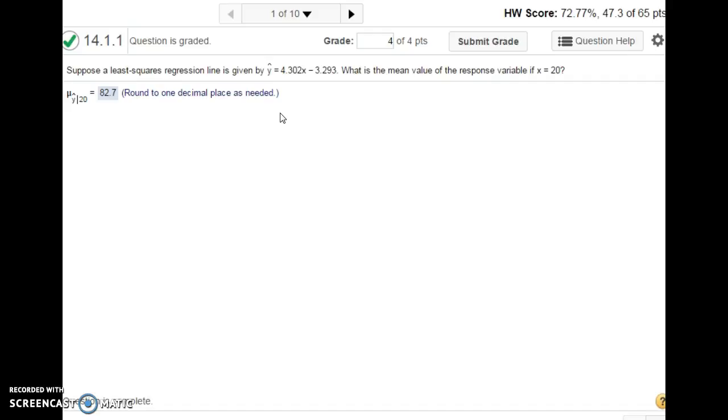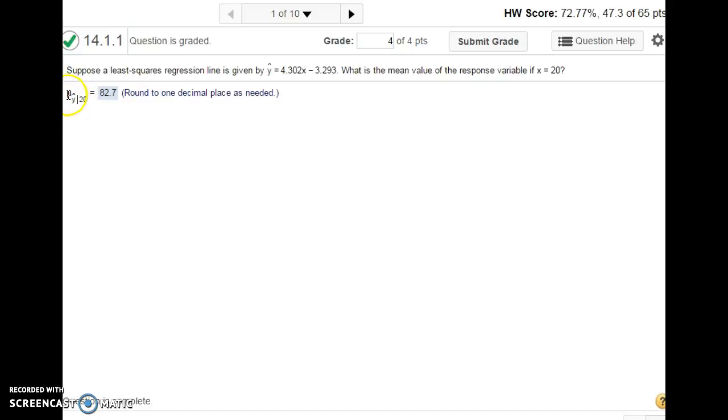But when you average them all out, that's what our least squares regression line is trying to show us: what that average value is for people with an x value of 20. So just plug 20 in here and see what you get, and that is the mean value of your response variable. And that's how they're trying to write it here.